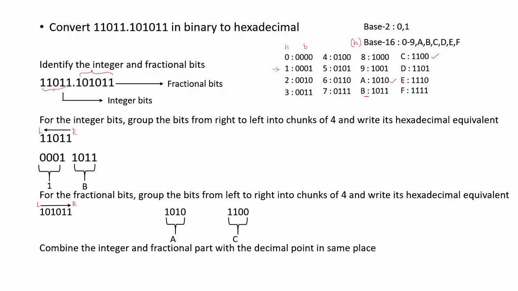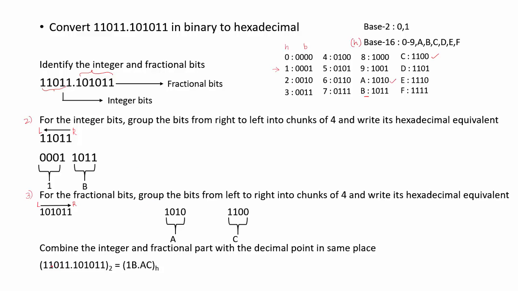The last step is you have to combine the integer and the fractional part with the decimal point in the same place. So from step 2 and step 3 we had got the integer and the fractional part.